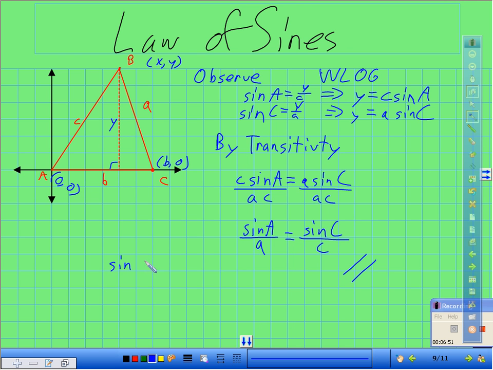Formulaically, I would say sine of A over a is equal to sine B over b is equal to sine C over c. Of course, this is predicated on our setup here of side a being opposite angle A, and side c opposite angle C. If you flip it over, that's fine, if they're reciprocals.